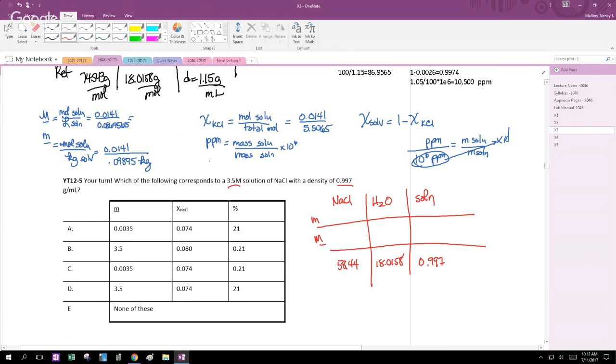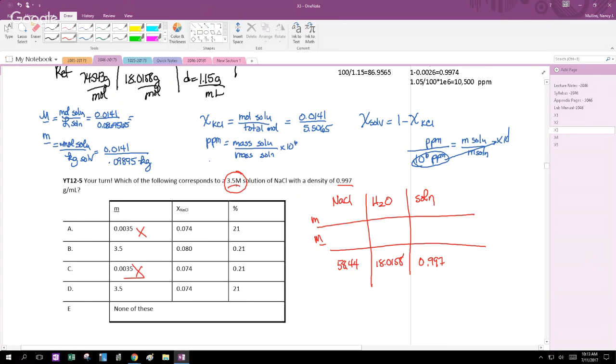Just to see the piece of information, if my molarity is 3.5, this one doesn't make sense, and neither does that, because the magnitude is not similar. Molarity and molality should be similar numbers. Now, it may be that none of these are the correct answers, but we can at least eliminate A and C instantly.